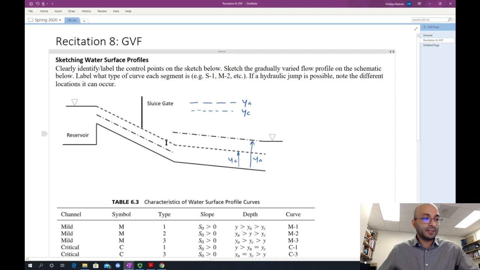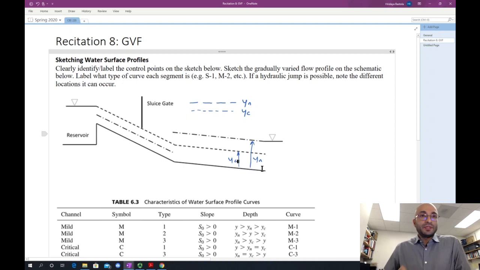So the critical depth line is the same no matter what the slope is for the same discharge and the same channel width or channel geometry. So here this line for normal depth, as you can see, is different for a steeper slope compared to a more gentle slope.